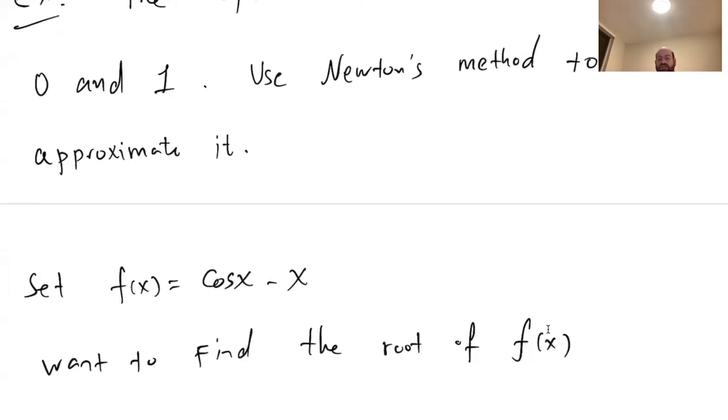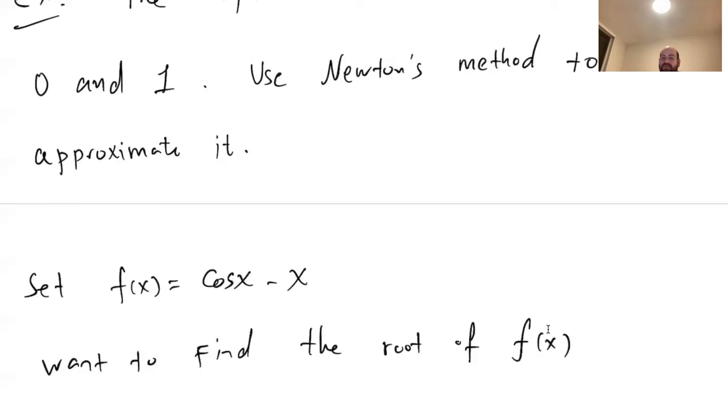We already know that if f of 0 times f of 1 is negative, then since f is continuous, f must have a root between 0 and 1. And we can easily check that f of 0 times f of 1 is negative, so it must have a root between 0 and 1. That's why I was saying that we could conclude ourselves that this has a root between 0 and 1. But right now the question actually gives us this information and tells us that we can assume that this is true.